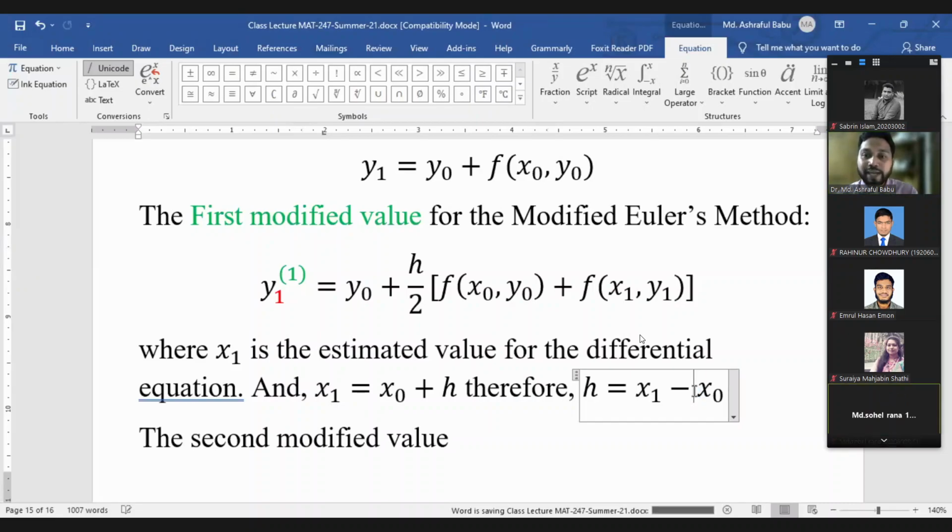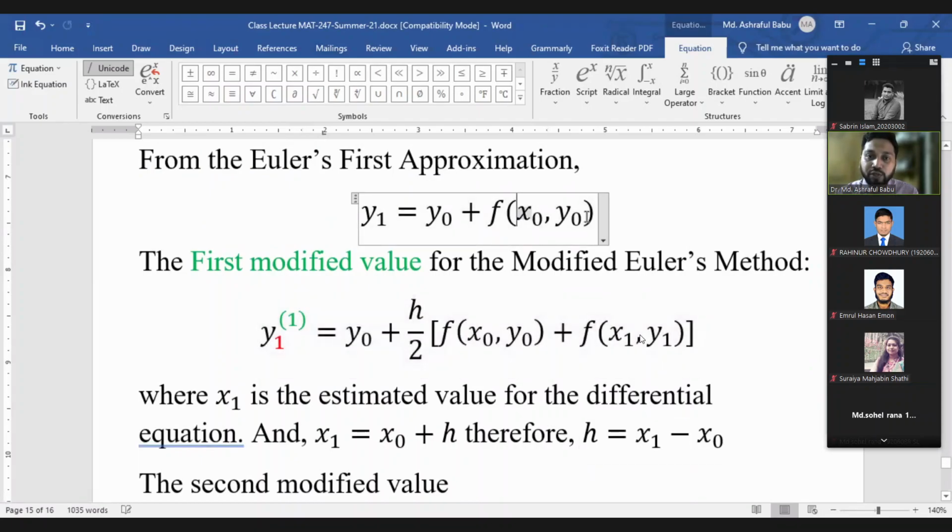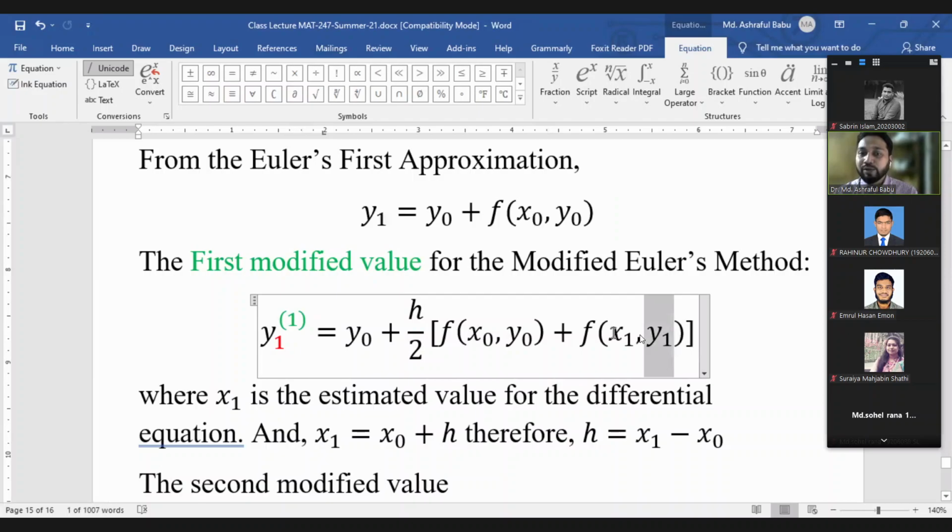So we actually get all the values. There is no unknown value in here. Because the initial condition x naught, y naught is given, by this x naught, y naught we can calculate this equation and find the y1. This y1 we put in the first modified value of the modified Euler's method. And x1 is already given because we have to solve this differential equation for the value of x, and this x is the x1 in here.